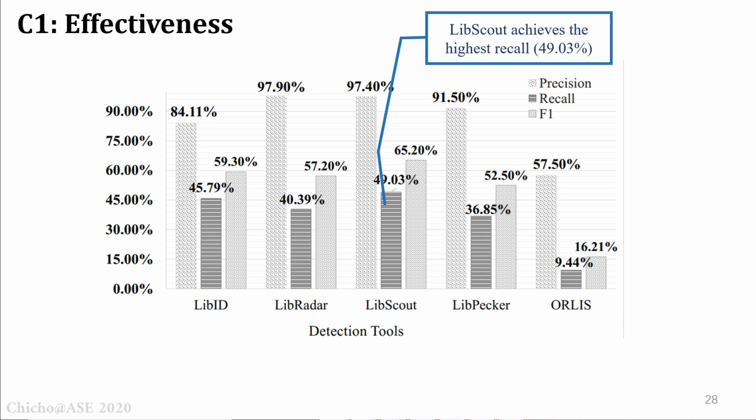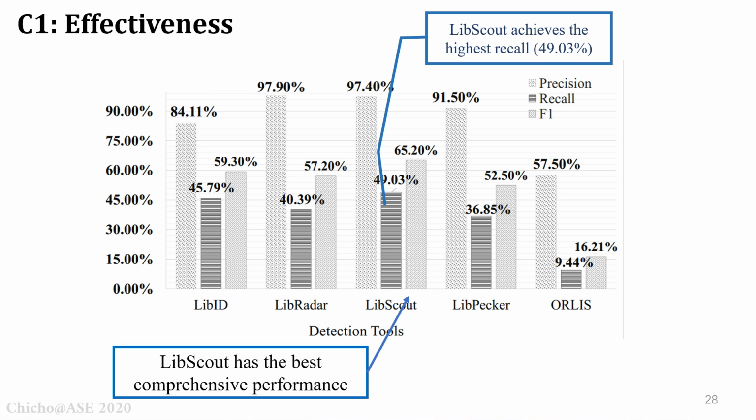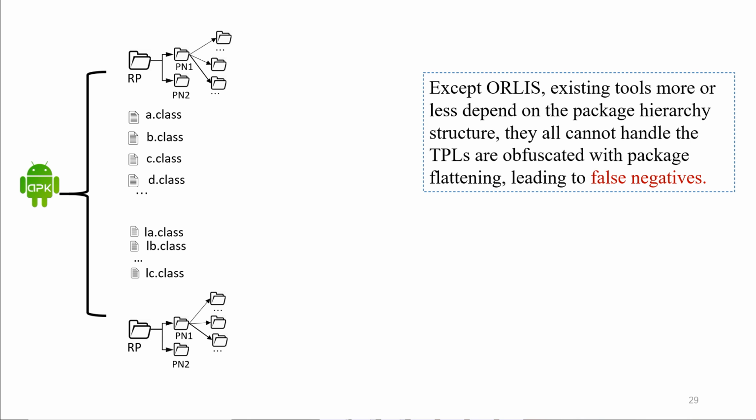LabScout achieves the highest recall, nearly 50%. LabReader has the highest precision. Aurelians has the worst precision and recall. LabScout achieved the highest comprehensive performance.